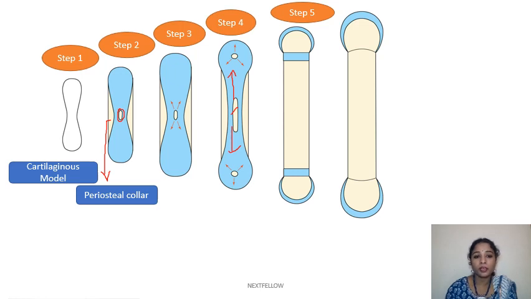Slowly the perichondrium turns to form the periosteal collar, which you can see in step 2, and which generates osteogenic cells. So this periosteal collar later gives rise to osteogenic cells that make a collar to encircle the exterior of the bone and remodel the medullary cavity on the inside.